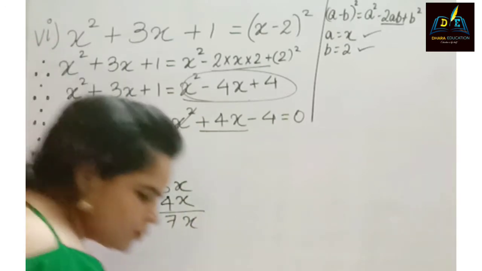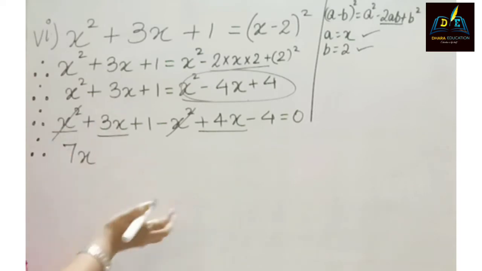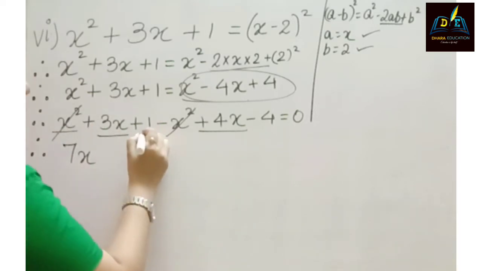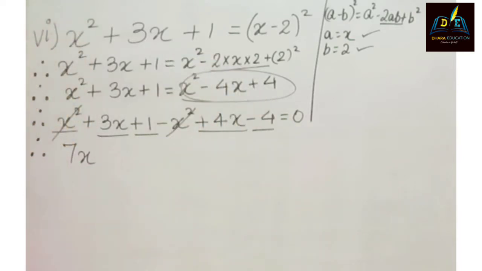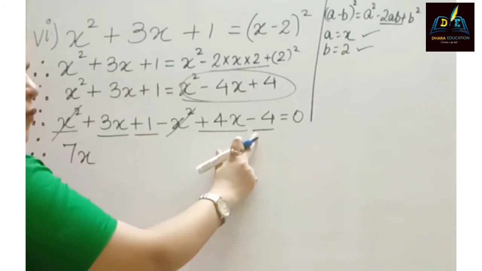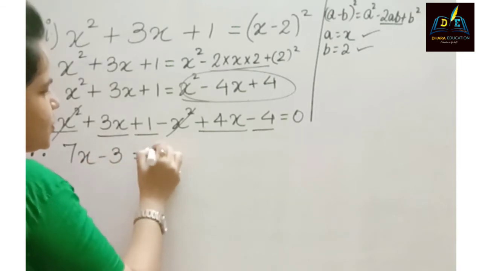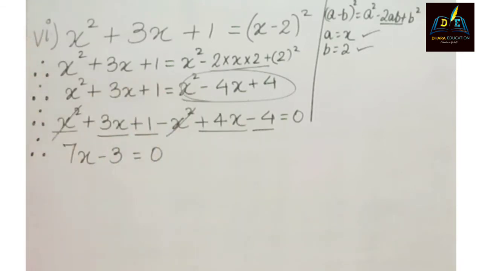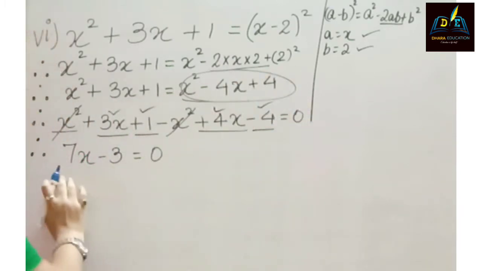Now what remains is plus 1 and minus 4, which gives minus 3, is equal to 0, and no other term is remaining. So we have taken all these terms and written this.